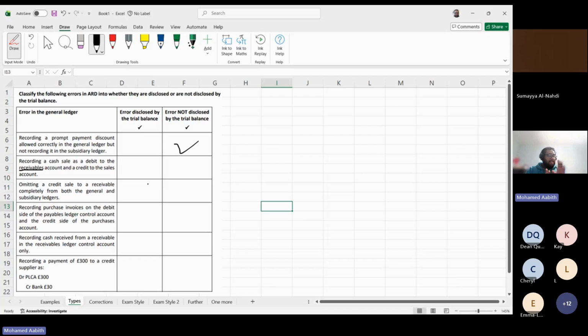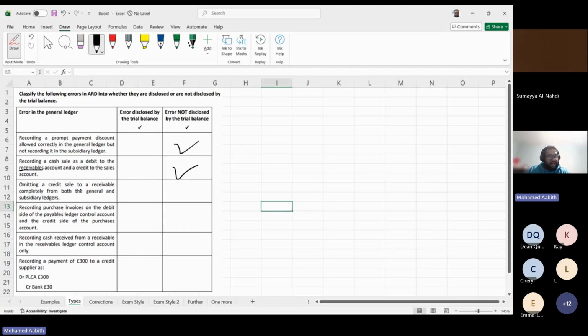Bank account and the receivable account, it can be an error of commission as well; we will see that bit later. In this scenario, both of them are debits, so instead of bank, I put in the receivables account. My debits and credits will still match, so this will not be disclosed by the trial balance because the conditions are all met.